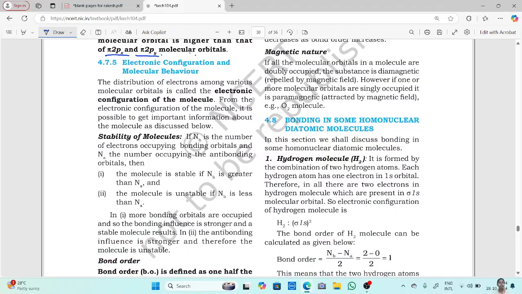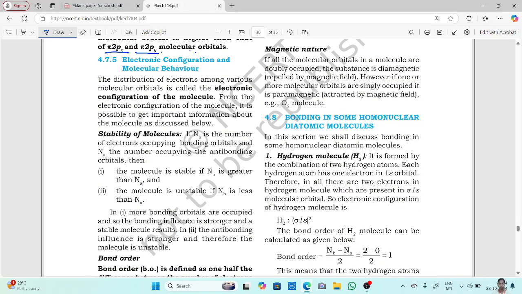Now the electronic configuration and molecular behavior. The distribution of electrons amongst various molecular orbitals is called the electronic configuration of the molecule. Electronic configuration, you know what it is. Now from the electronic configuration of the molecule, it is possible to get important information about the molecule as discussed below.